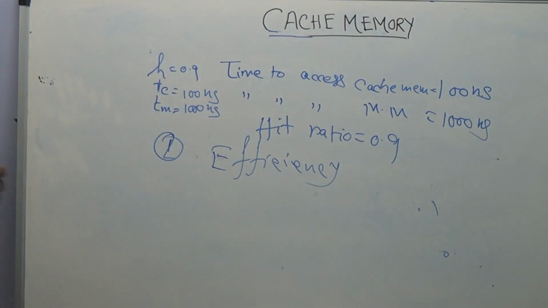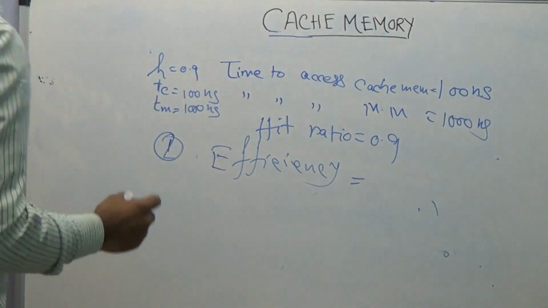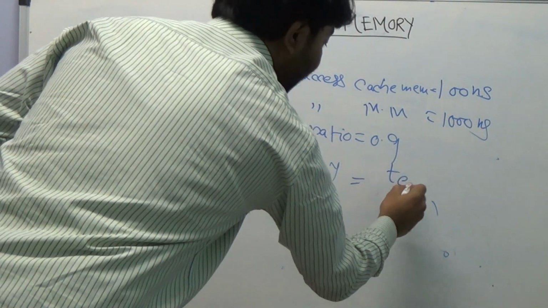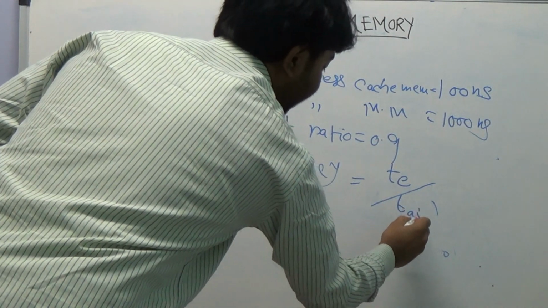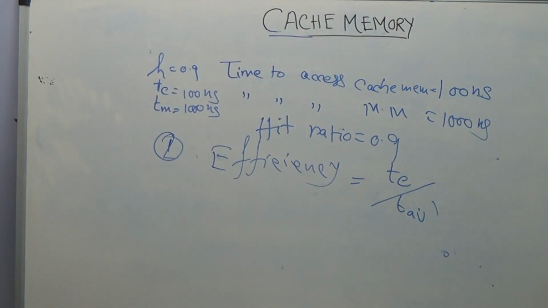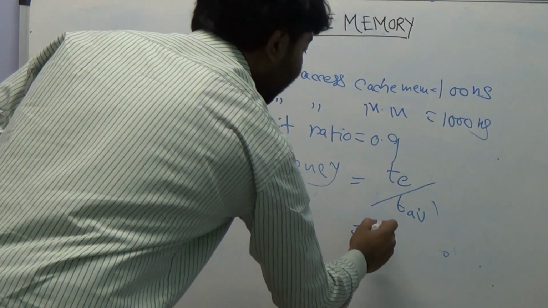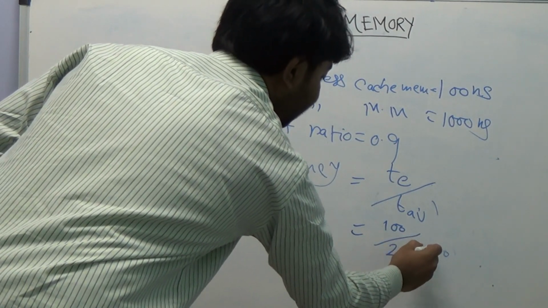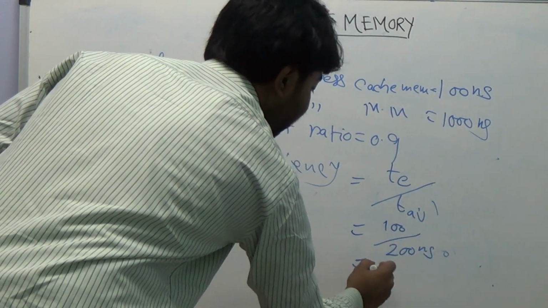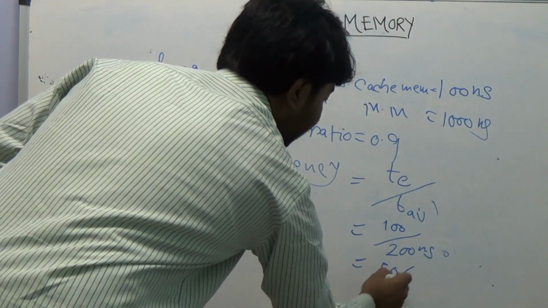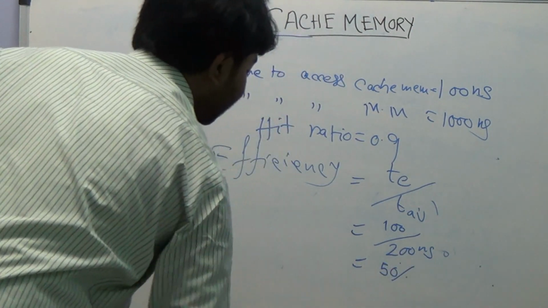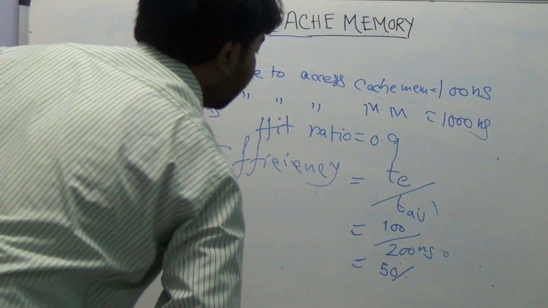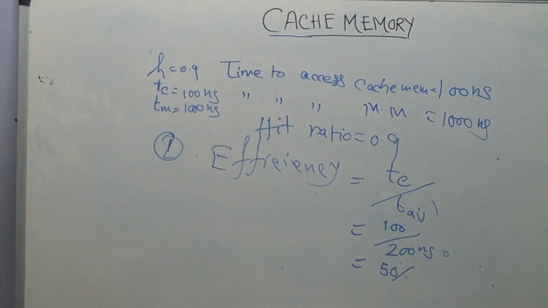We will calculate the efficiency of the cache memory by the time to access cache memory divided by average memory access time. Average memory access time is also denoted as T average. So the value of Tc will be 100. T average we get 200 nanosecond. So the cache memory is 50% efficient.